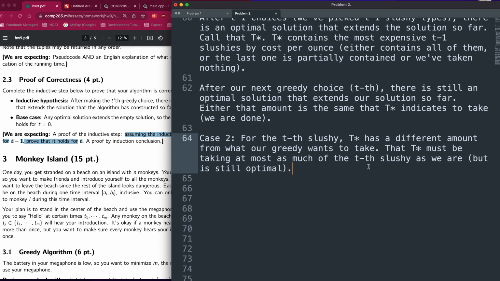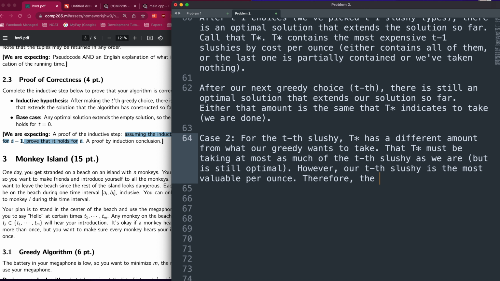So that means there is some other slushy that it is taking that has a different cost, some other slushy that is filling up the extra space in T star, okay? However, our T slushy is the most valuable per ounce, right?